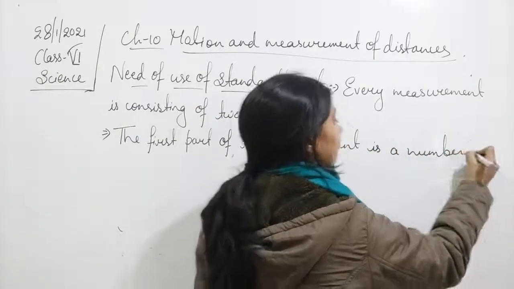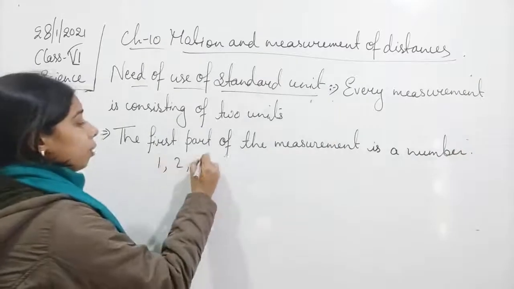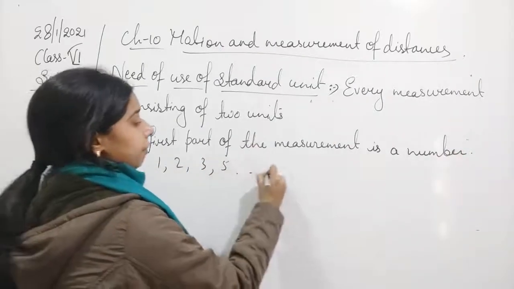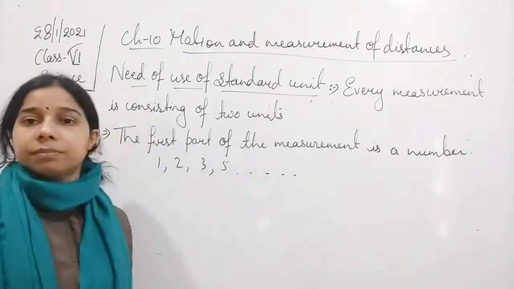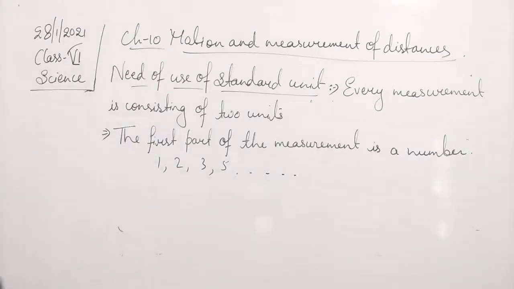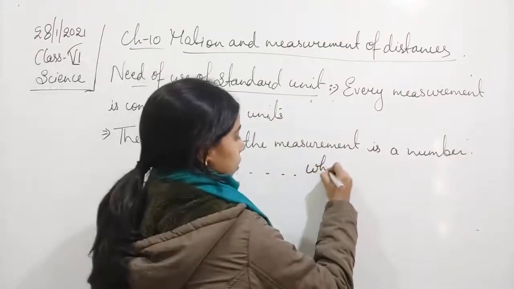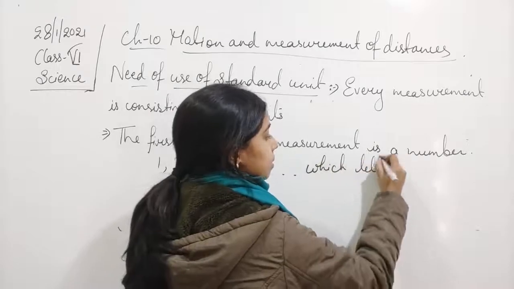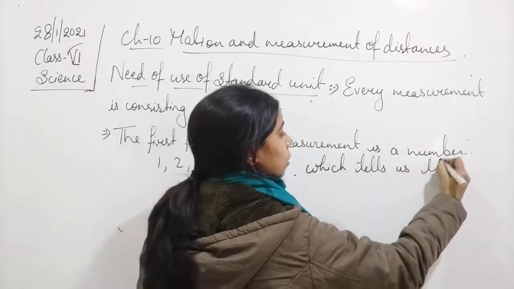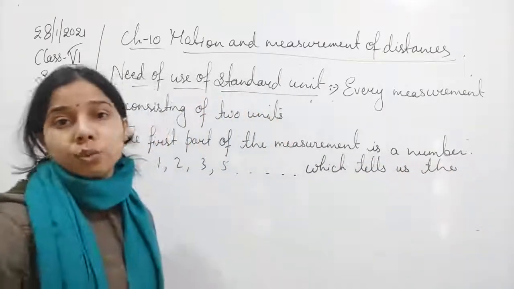The number can be anything, student. It can be 1, 2, 3, 5, and so on, which tells us the magnitude of the measurement.